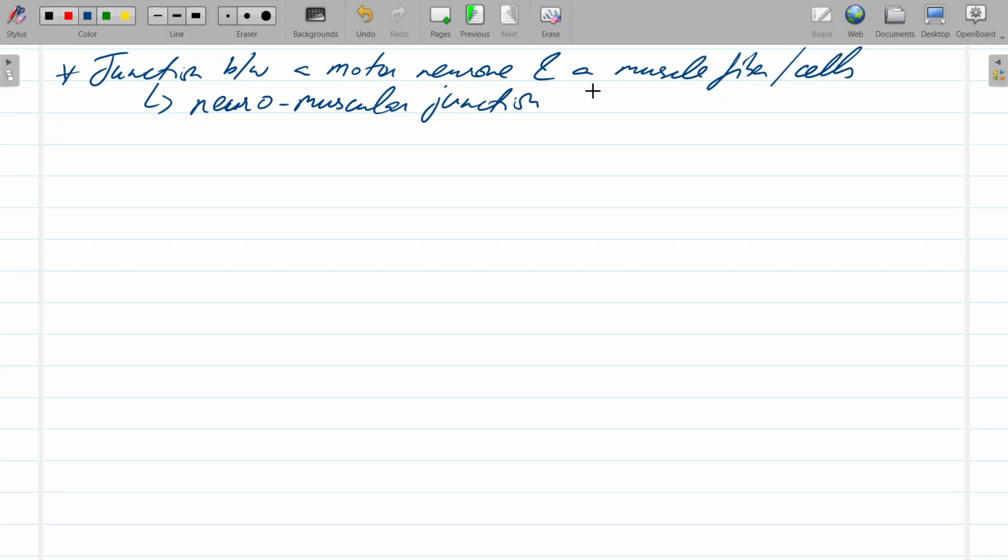If an impulse reaches the muscle, obviously what you would expect is for contraction to happen. Or in case it's inhibitory, a contraction would not occur, depending on what kind of impulse is coming in. Any questions?